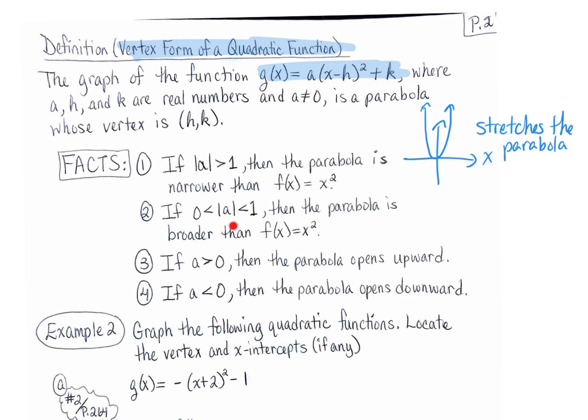If the absolute value of a is greater than 0 but less than 1, so if the absolute value of a is any number between 0 and 1, not equal to 0 and not equal to 1, but positive, then the parabola is broader than f of x equals x squared. So in other words, it widens the parabola, shaped like this.